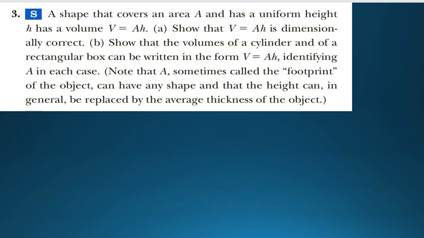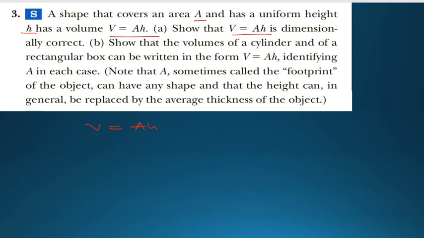Okay, here's another question now. A shape that covers an area A has a uniform height h and a volume which is given by area times height. Show that this formula is dimensionally correct. As usual, guys, this is what I was showing in the other question.